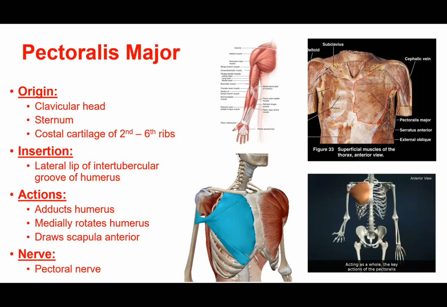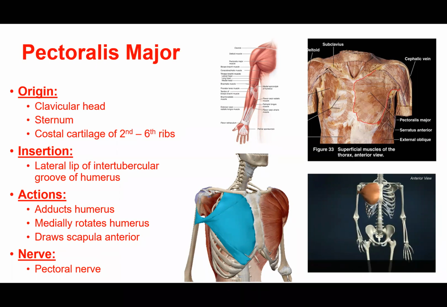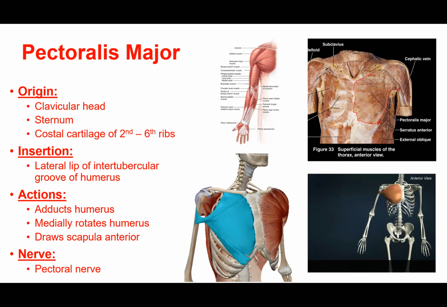Acting as a whole, the key actions of the pectoralis major are medial rotation and adduction of the arm. Medial rotation is a movement during which the anterior surface of the arm turns toward midline. Adduction is a movement in a medial direction toward the midsagittal plane.